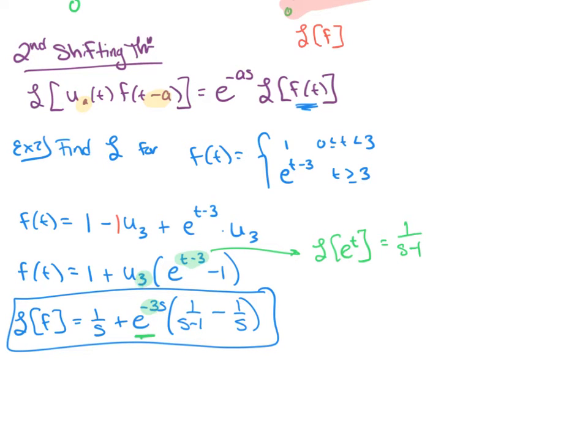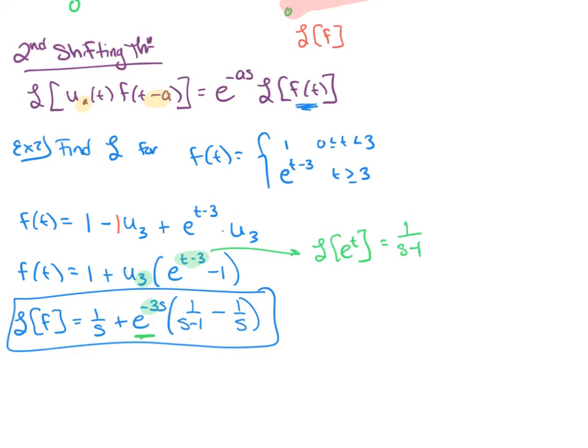And that takes care of any shifts of t minus 3. Since the e has a shift of t minus 3, I just find the Laplace transform of f of t. So the Laplace transform of f of t is 1 over s minus 1. And 1 already has all the shifts taken care of, so the Laplace transform of 1 is just 1 over s. Okay, let me pause this.